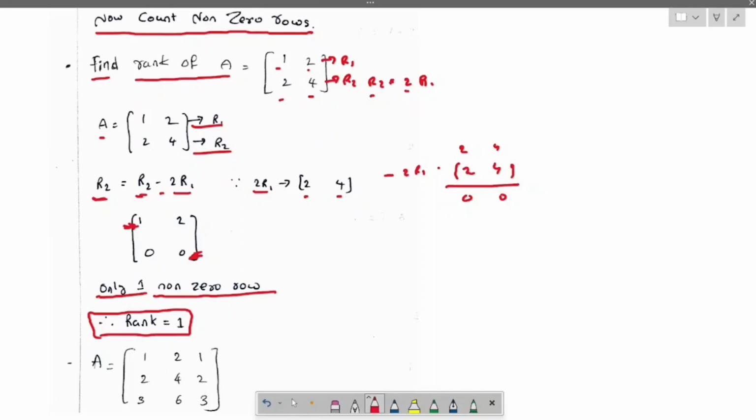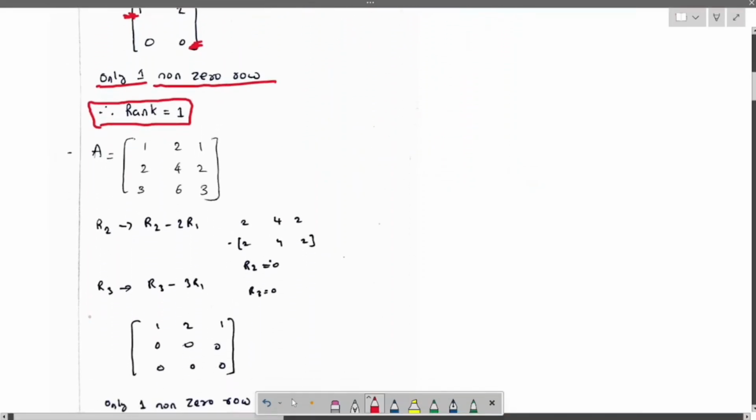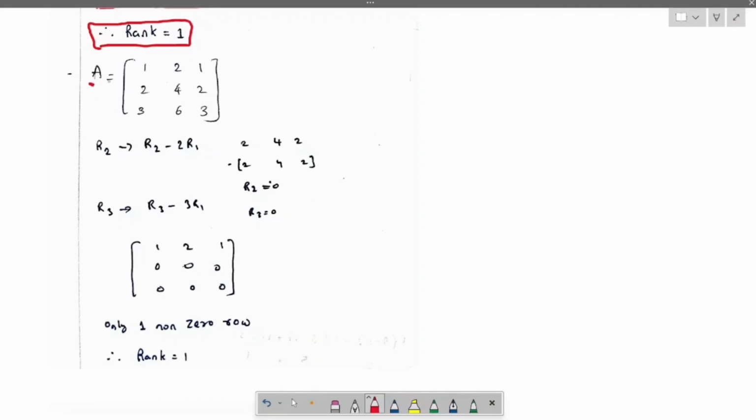Now let us move on to another problem. A equals this matrix, the A matrix. Now let us make some row operations. When you observe, R2 is equal to 2R1, right? In order to convert R2 to 0, we make R2 equal to R2 minus 2R1.